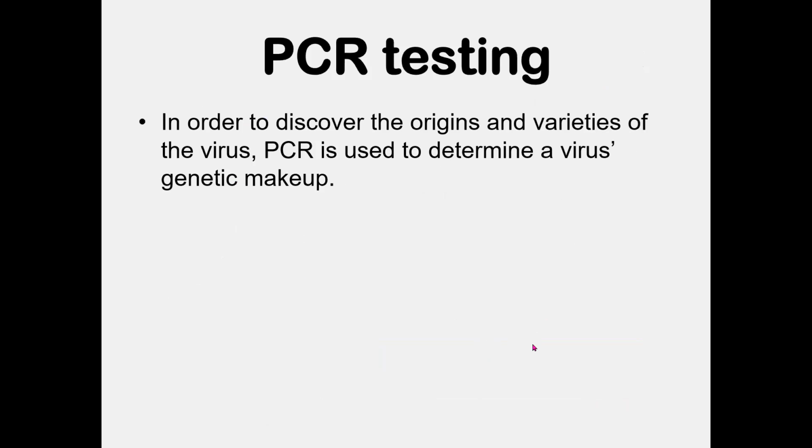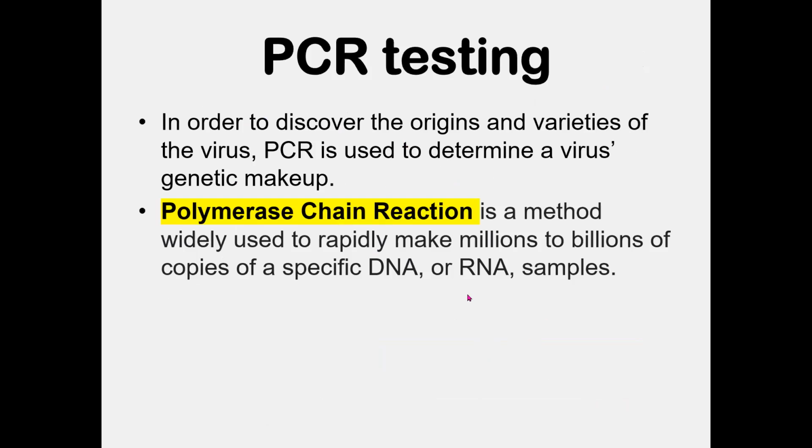Now, you all have had PCR tests, and most people know that PCR stands for polymerase chain reaction. The polymerase chain reaction is a system that's been around for quite a while. It's a small machine about the size of a small shoebox.